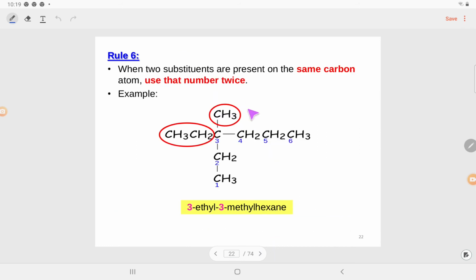Okay, and rule number 6 is, when we have two substituents on one carbon atom, use the number twice. It means we have two substituents directly attached to the same carbon atom. So when you write down the name, you must label the number twice for the substituents. This is why 3-ethyl, 3-methyl, and finally your longest carbon chain, hexane.